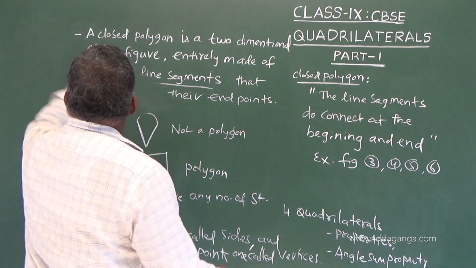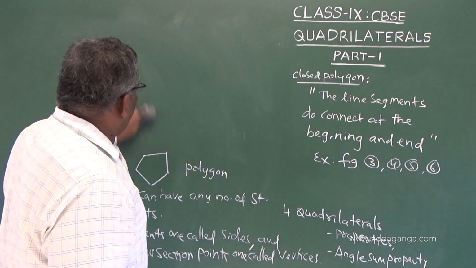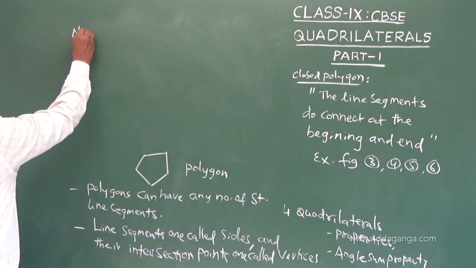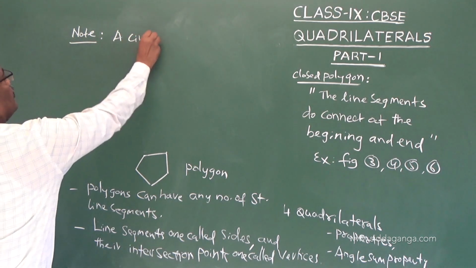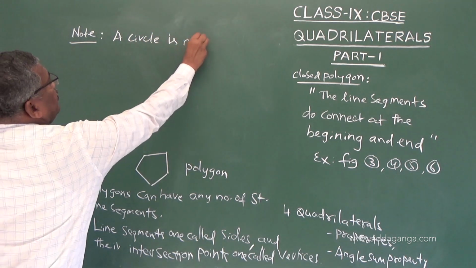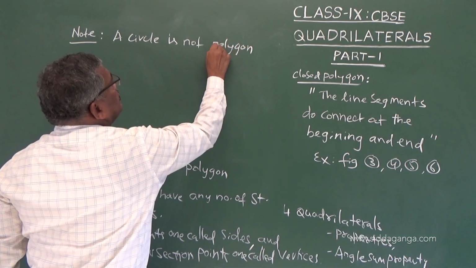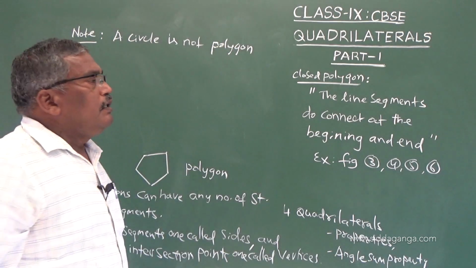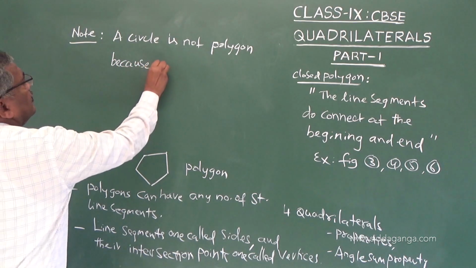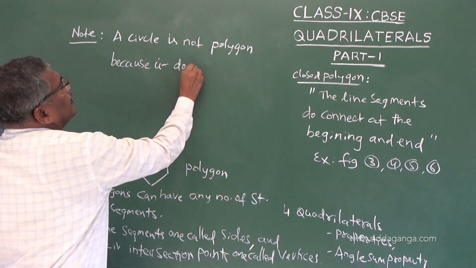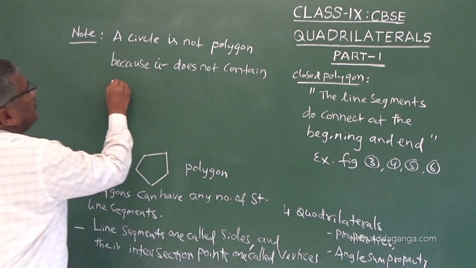So this is about polygons in general. Now we have one important note: a circle is not a polygon, because it does not contain straight line segments.